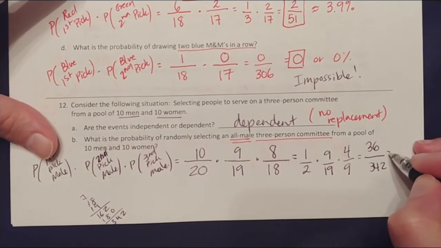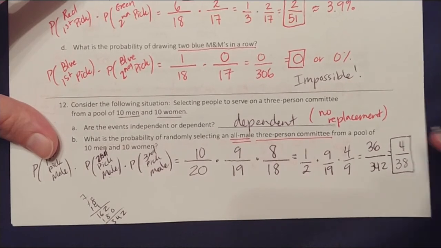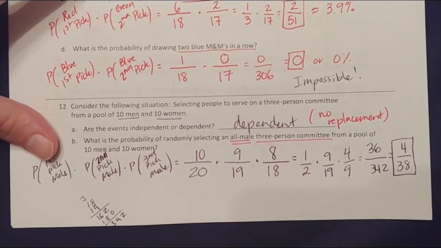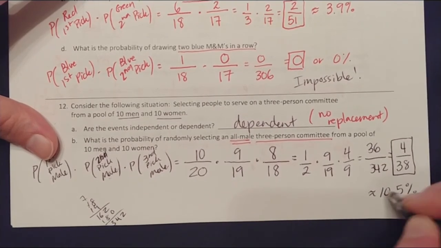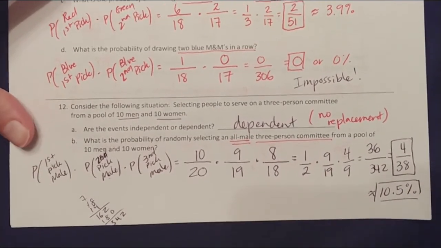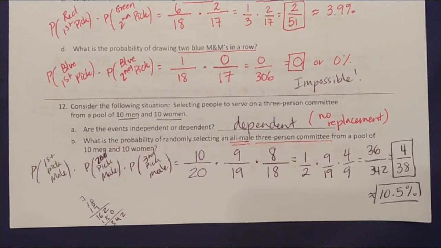And we can divide this by 9, so that gives us 4 out of 38. All right, which is approximately 10.5%. Okay, so not very likely to get an all-male committee when you have 10 men and 10 women. And that's it.